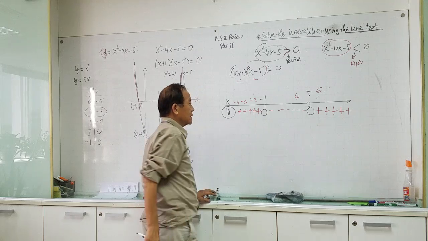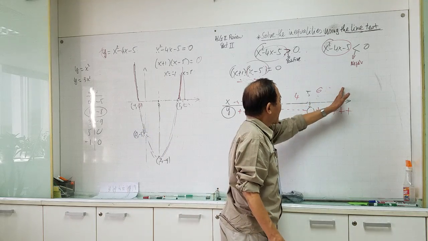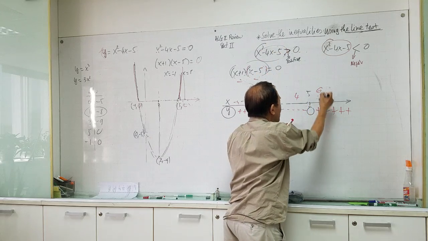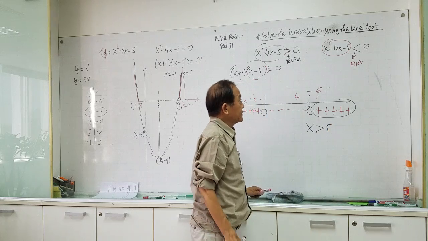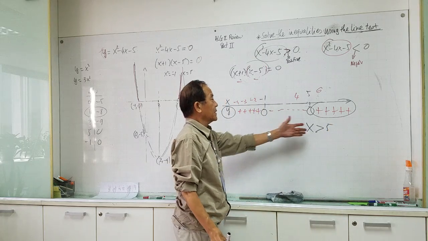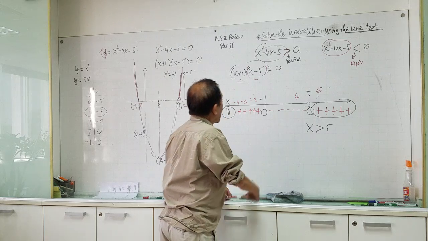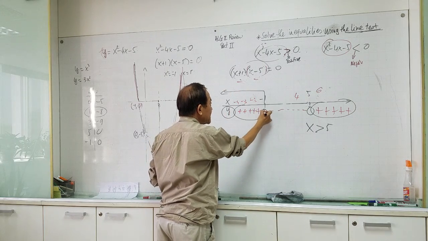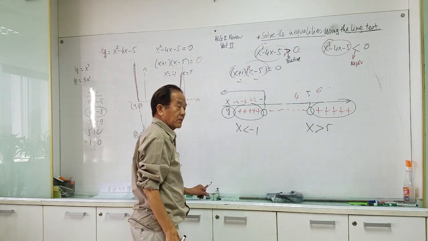Now I look here. Here is the answer. Whenever x is greater than 5, y is positive, I'm looking for y positive, therefore my solution has to be right here. So my solution is x has to be greater than 5. Anytime x is greater than 5, I get this one positive, that is a solution. Anytime x is less than negative 1, the y here is positive, therefore my solution also has to be x less than negative 1.